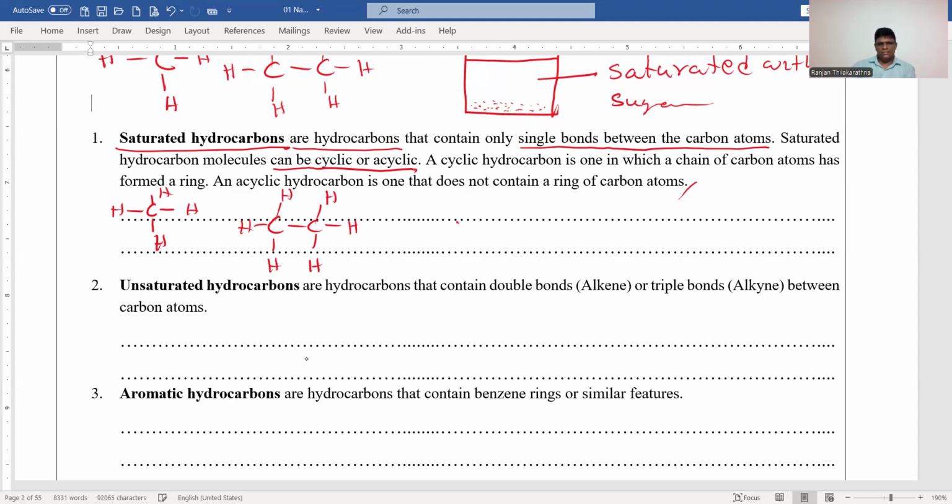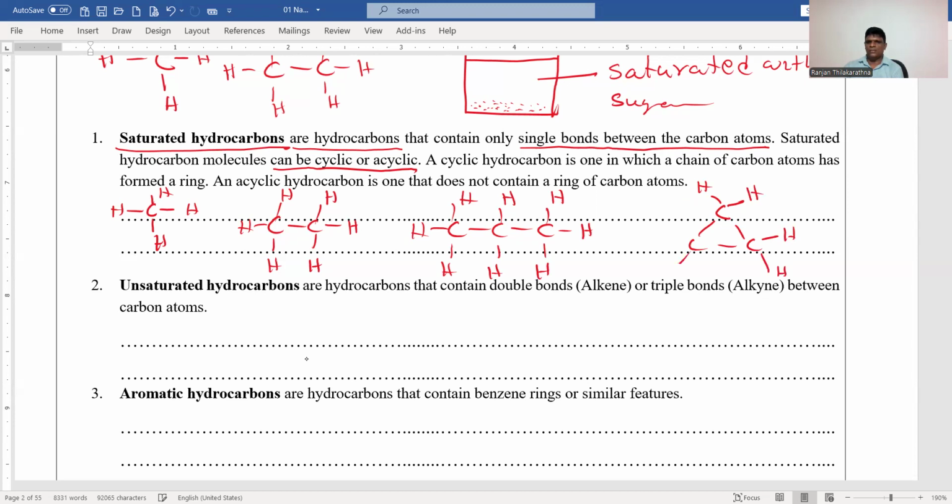And another one having 3 carbons. This is called acyclic propane. It is not a cyclic one, it's a straight chain. But this one: say you have carbon, carbon, carbon bonded with single bonds and having 2 hydrogen atoms on each carbon.